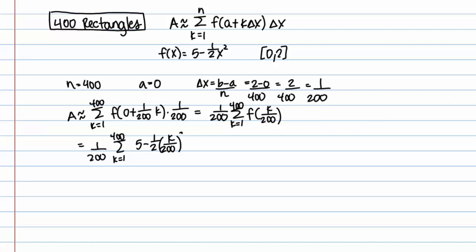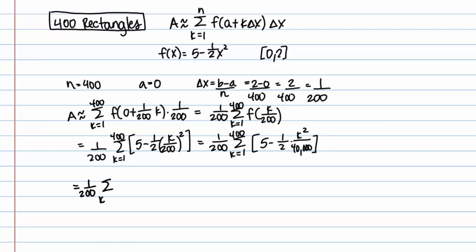So I'm just taking my function and evaluating it at k over 200, plugging that in for x. Okay, so let's do a little cleanup here and get this as nice as possible so we can use our summation formulas. Well, this is k squared over 40,000 if you actually square it. And then that, in turn, is going to give me 5 minus k squared over 80,000.